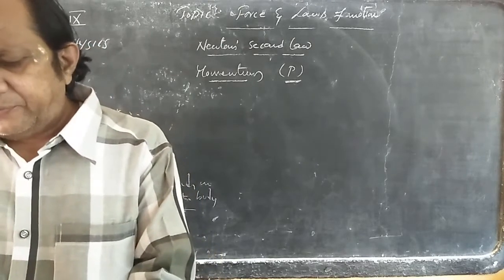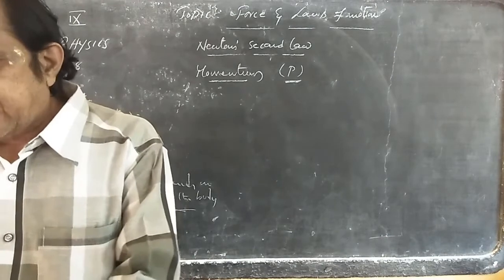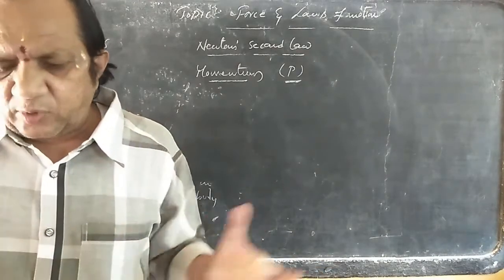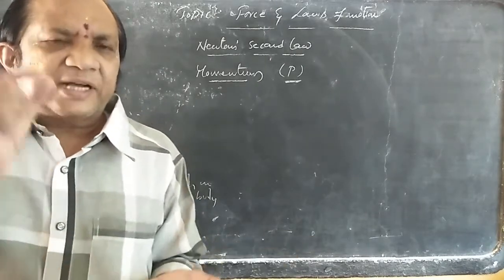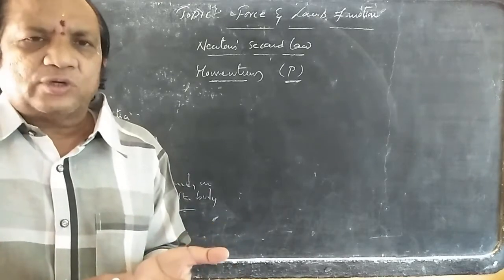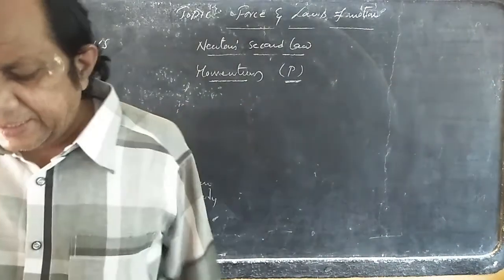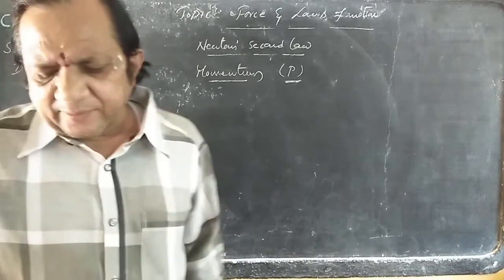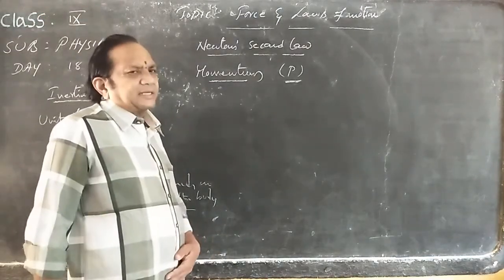The body having more momentum can show more impact on another body on collision. For example, in a game of marbles, to strike one marble with another marble, you apply a very large force, and it is displaced a further distance, due to momentum.